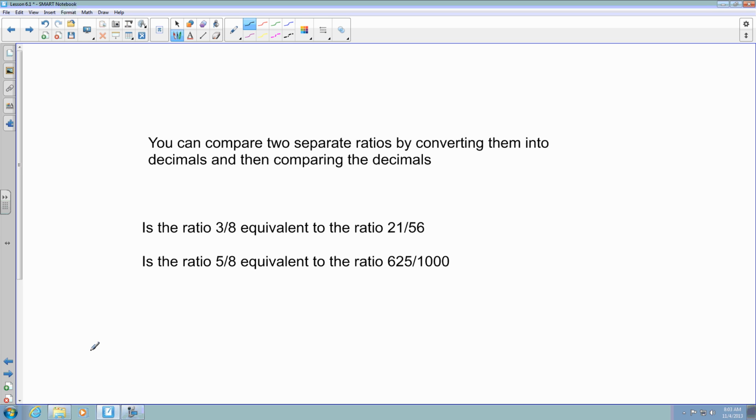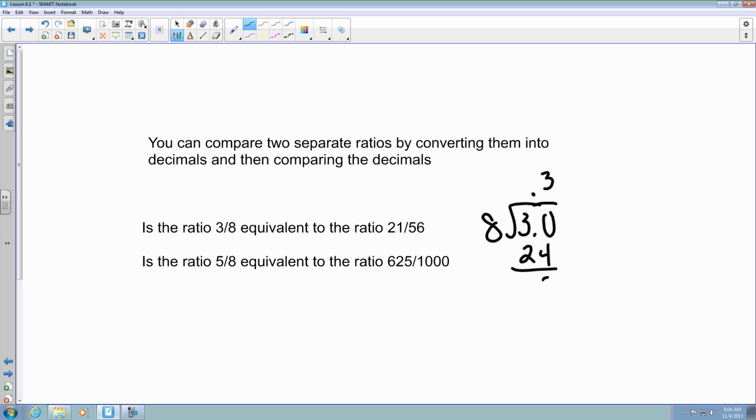So if I take a look at, say, 3/8, I want to see if it's equivalent to 21 over 56. You can use long division to help you determine whether these are equivalent ratios or not. So here this would be 3.